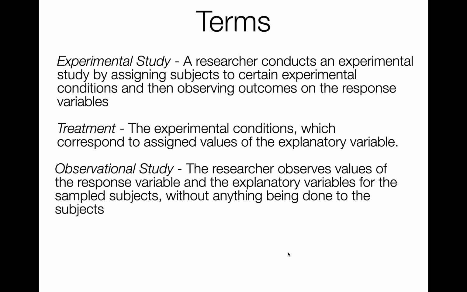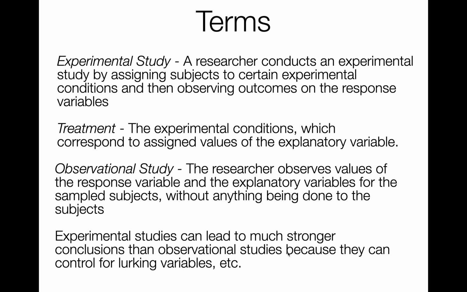In an observational study, the researcher simply observes what happens. Because an experimental study is much more contained than an observational study, it can lead to much stronger conclusions, because they can control for what we're going to call lurking variables and other things.